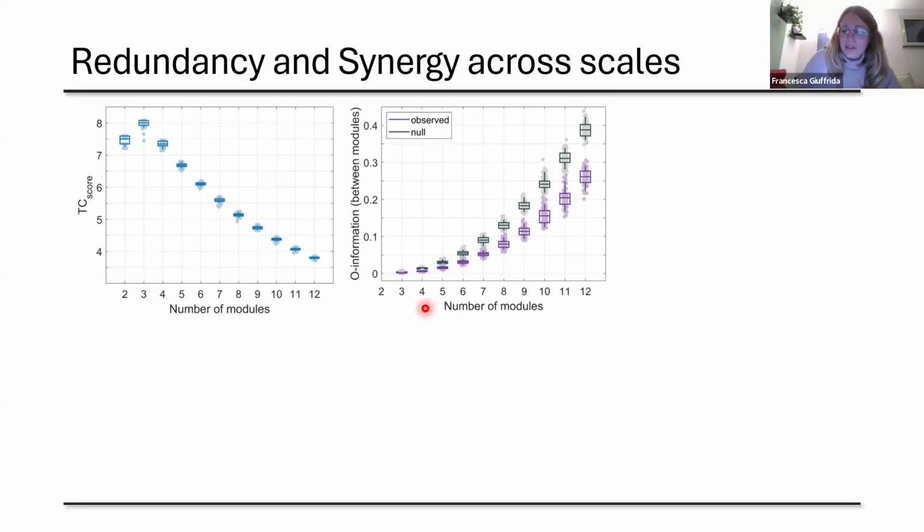Yes, resting state fMRI, from the Human Connectome Project. Okay, that's the same. There's a lot of correlation among those time series, so it's really hard to find 12 time series that are totally synergistic.